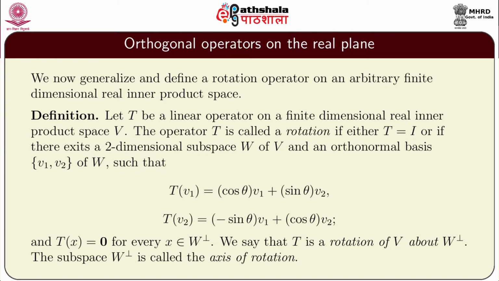Then we say that T is a rotation of V about W perp, and the subspace W perp is called the axis of rotation.